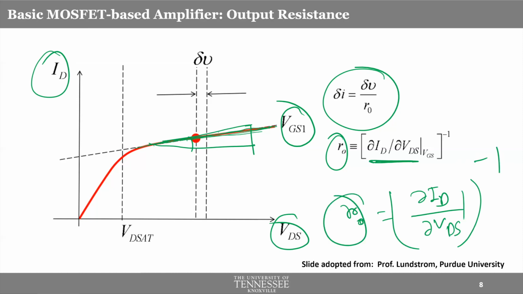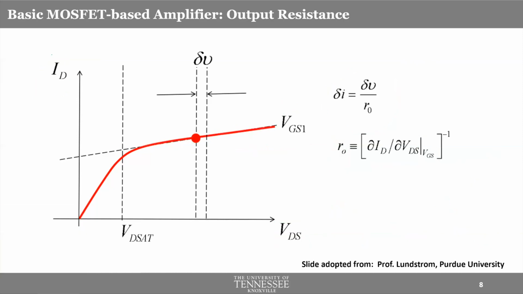Okay. By the way, we have to keep in mind that this will be at a constant VGS. That's why this notation, constant VGS. Okay. So if you're given this ID versus VDS characteristics, you can take the slope of this graph and take the inverse of that, and you get the output resistance.